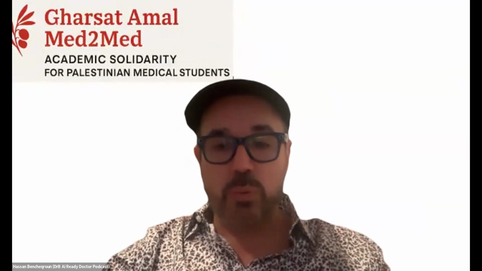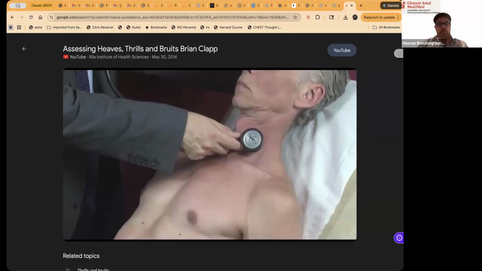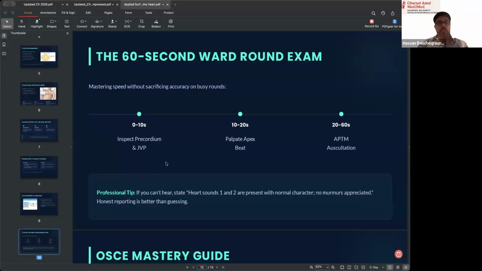That is important for you to make sure that you inspect before you auscultate. Then inspect the precordium. Is the precordium lifting off?